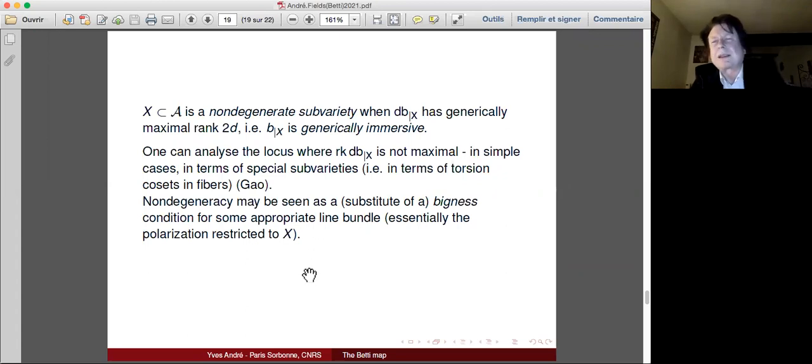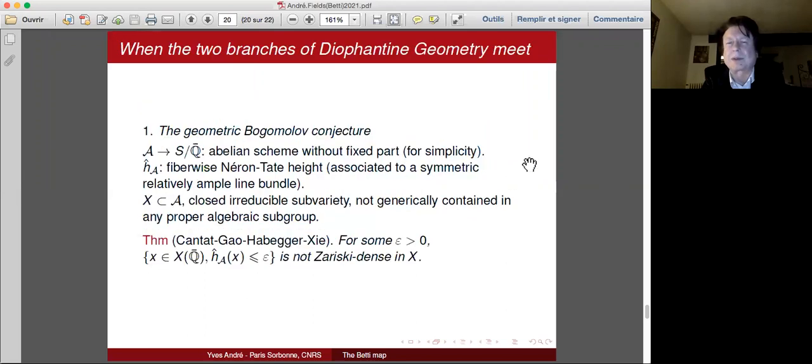The important point is that the heuristic meaning of non-degeneracy is that this is a kind of substitute for bigness for some appropriate line bundle, which is essentially the polarization restricted to X, to the subvariety X of the abelian scheme.